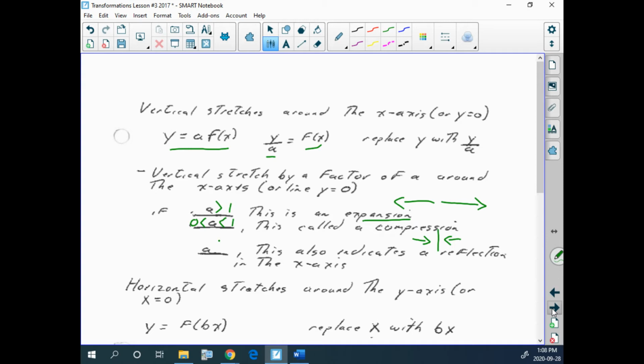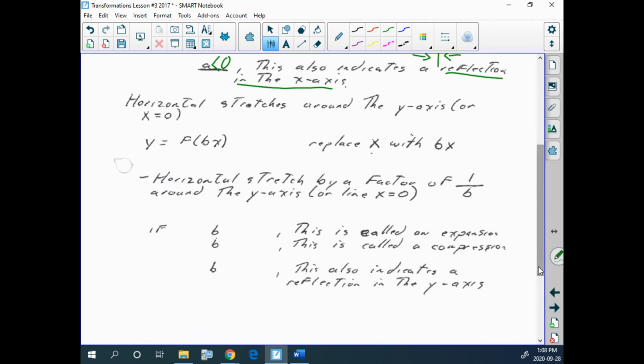If a is also less than 0, so here if it's -2, we treat it as a 2, and then we treat it as a negative. It has a reflection, as we talked about the other day. The horizontal stretch only has 2 real ways to describe it. We can write it as an equation, y is equal to f of b of x, or replace x with b of x.